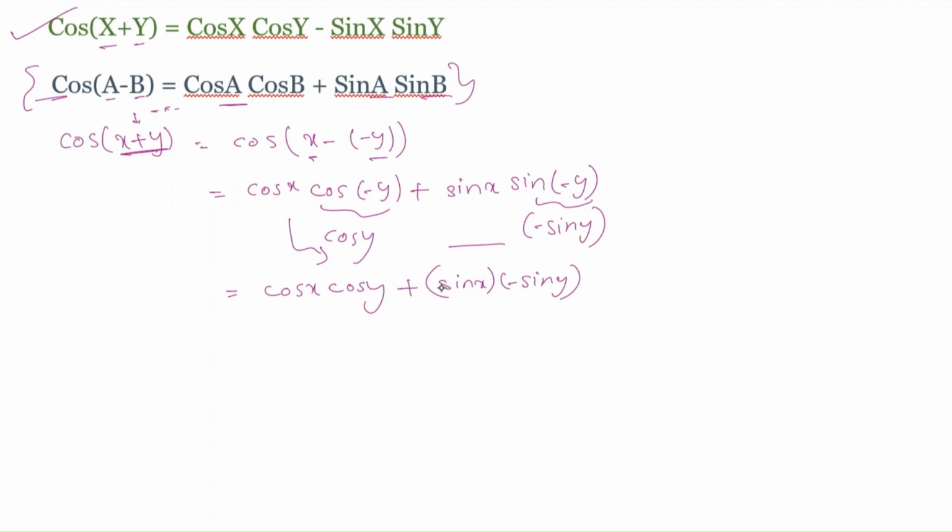Minus into plus is minus. This can be written as cos x cos y minus sin x sin y. This is the required formula that can be used for cos of x plus y.